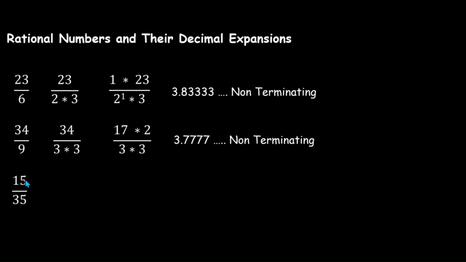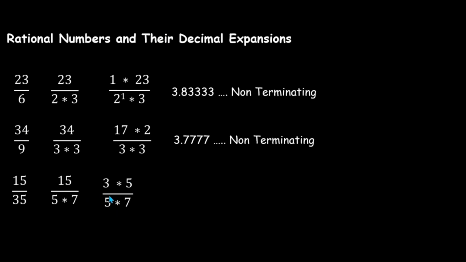Another example, 15 by 35. So expanding the denominator, 35 can be written as 5 into 7. And 5 is there, but 7 is not part of our standard 2 power m into 5 power n form. So let's see if we can get rid of this 7. So 15 can be written as 3 into 5.